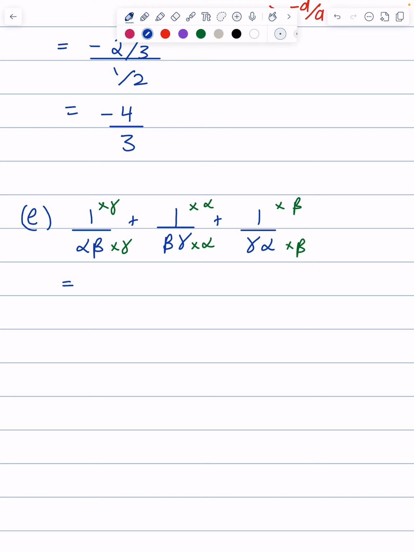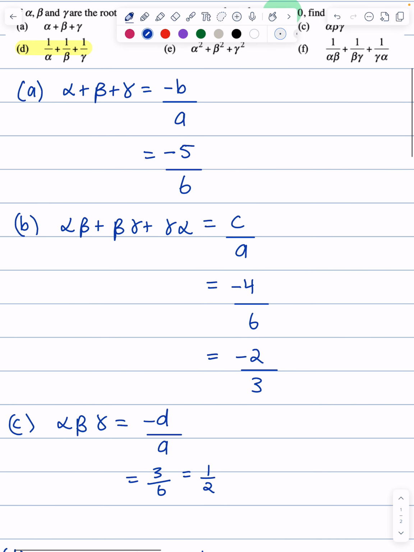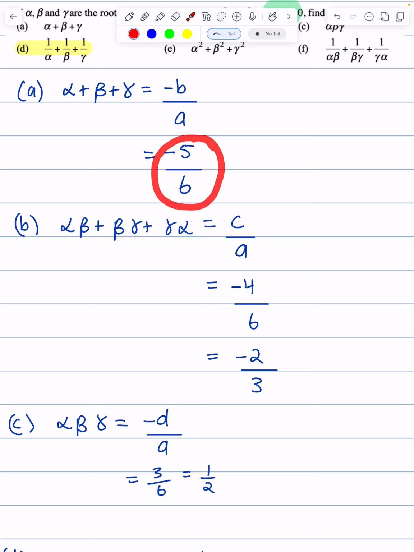So what I end up with is, on the top, gamma plus alpha plus beta, all over alpha beta gamma. And notice that for the numerator I have the sum of the roots, which is negative b over a, and for the denominator I have the product of the roots, which is minus d over a. Going back to the top, our sum of roots was negative 5 over 6.